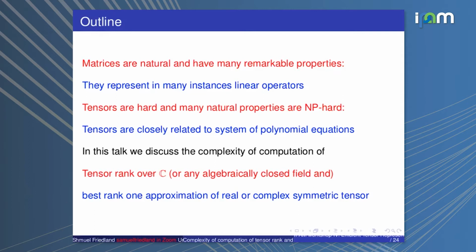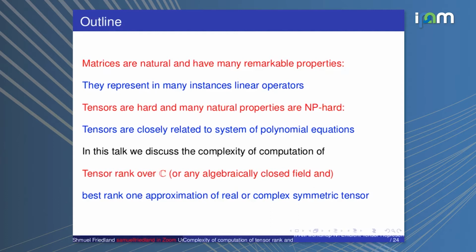Because tensors are closely related to systems of polynomial equations, like we already saw in the talk of Christian Ikenmeyer. So in this talk, I'll try to discuss the complexity of computation of tensor rank over C or any algebraically closed field, and best rank one approximation of real and complex symmetric tensors. The reason I'm sticking mostly to symmetric tensors is that it's easier to explain the ideas.